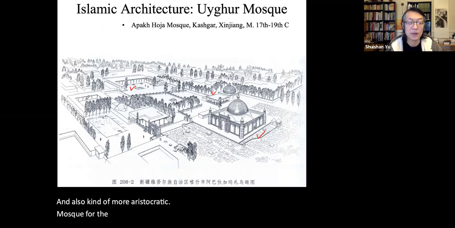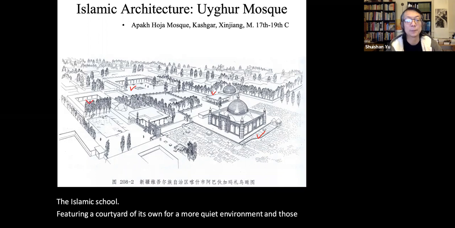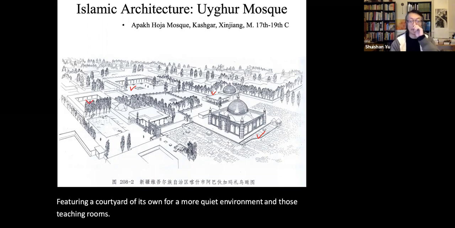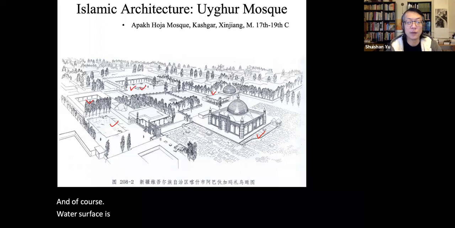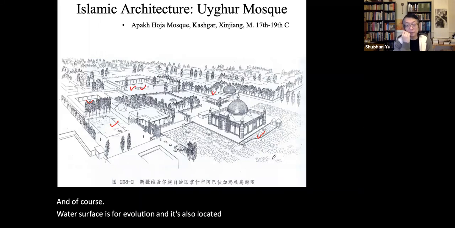And that is the madrasa, the Islamic school, featuring a courtyard of its own for a more quiet environment, and those teaching rooms on the four sides. And of course, water surfaces for ablution, also located in different locations.